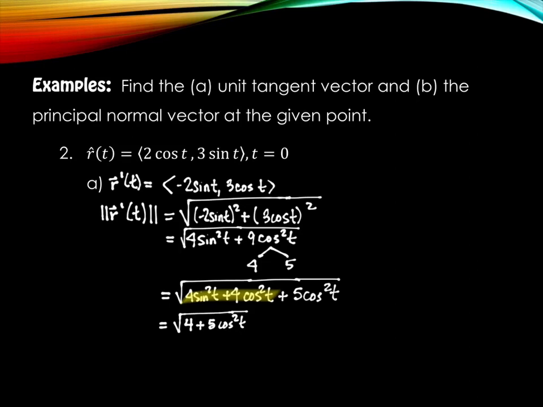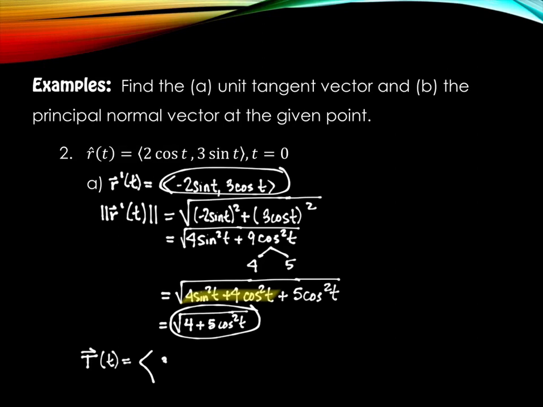So this is my magnitude in terms of t, which means I can now find my unit tangent vector. And so what we had before up here will be divided by this one right here.